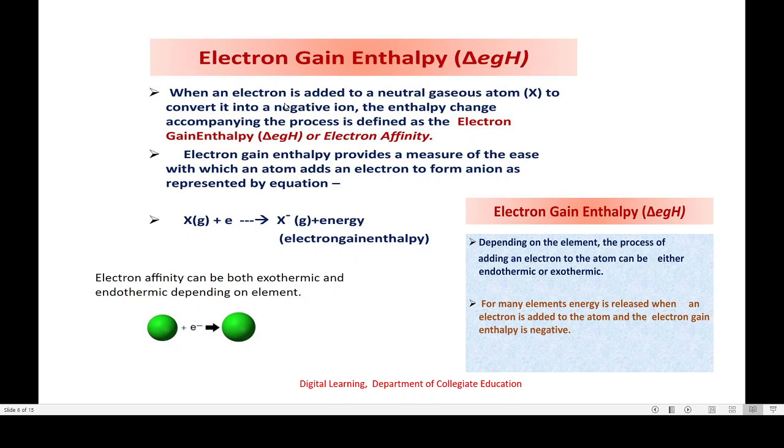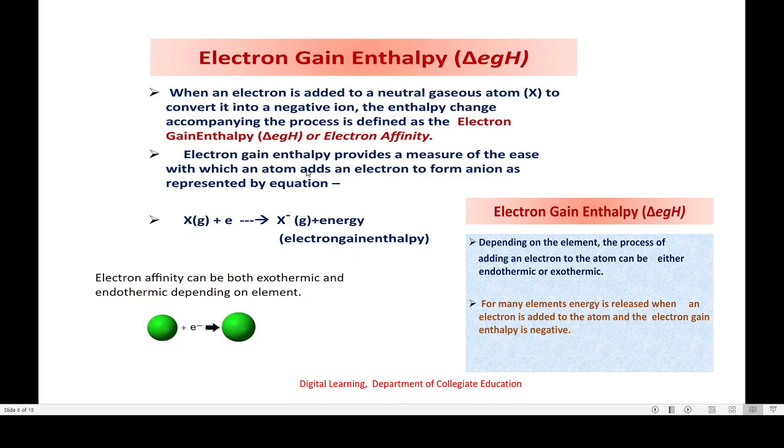When an electron is added to a neutral gaseous atom to convert it into a negative ion, the enthalpy change accompanying this process is defined as electron gain enthalpy or electron affinity.